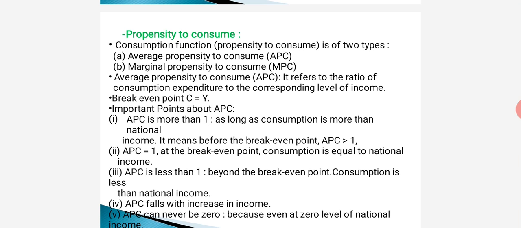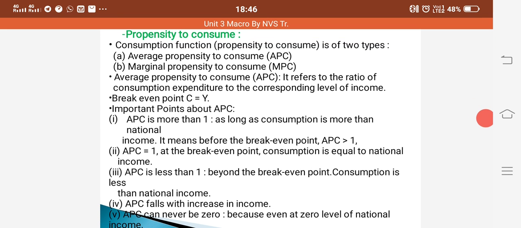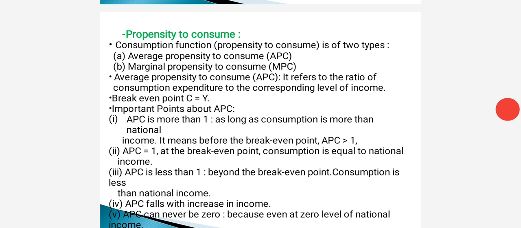Second, APC is equal to 1 at the break-even point, where consumption is equal to national income. Third, APC is less than 1 beyond the break-even point, where consumption is less than national income, a level comes when consumption lags behind income, which means people start saving.